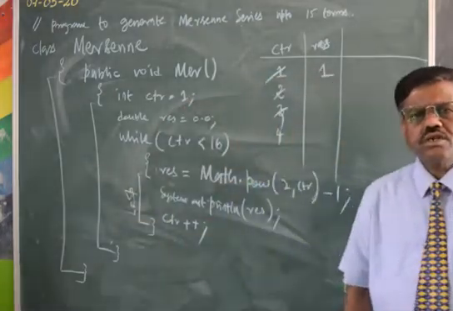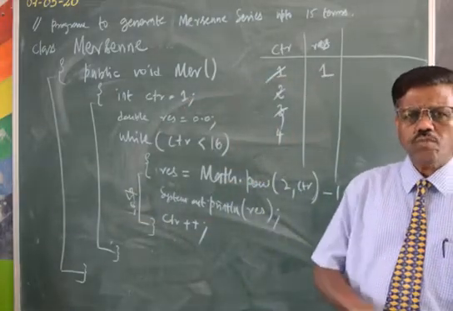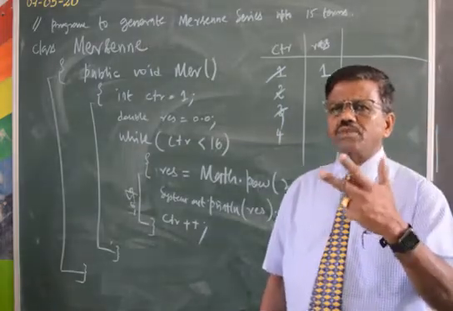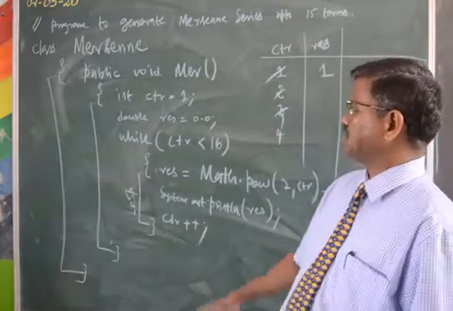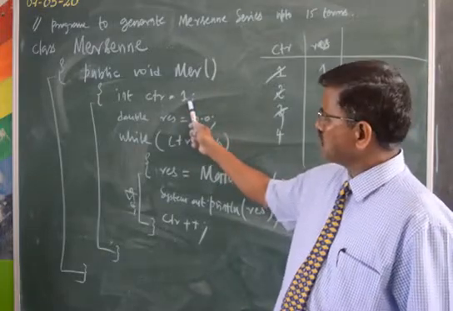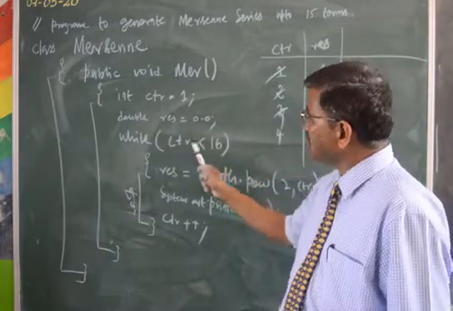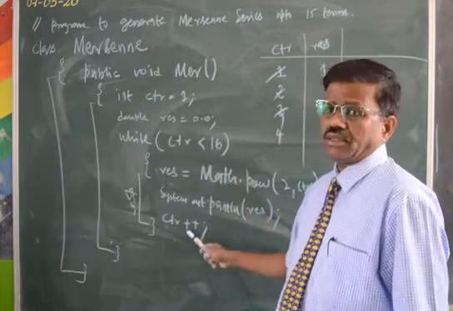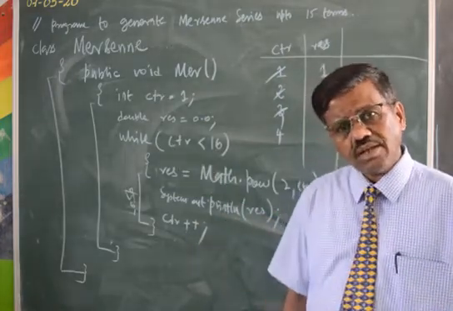Boys and girls, what you need to learn is that in a loop, 3 statements have to be there. 3 parts are there: initializing the value, which is counter equals 1, checking the value, and incrementing the value. These 3 steps are there.